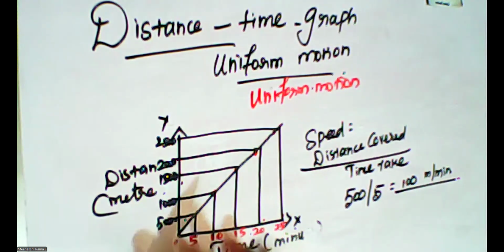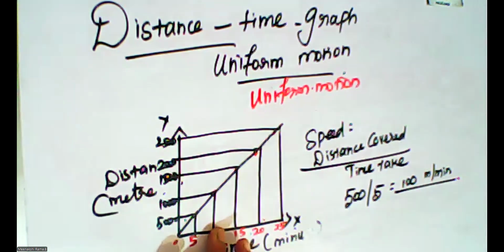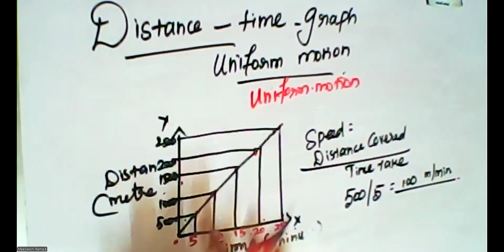So speed, time taken and distance are related, and this is the right example for uniform motion. Is that clear? Uniform means the distance-time graph expresses that the person covers equal distances in equal intervals of time.